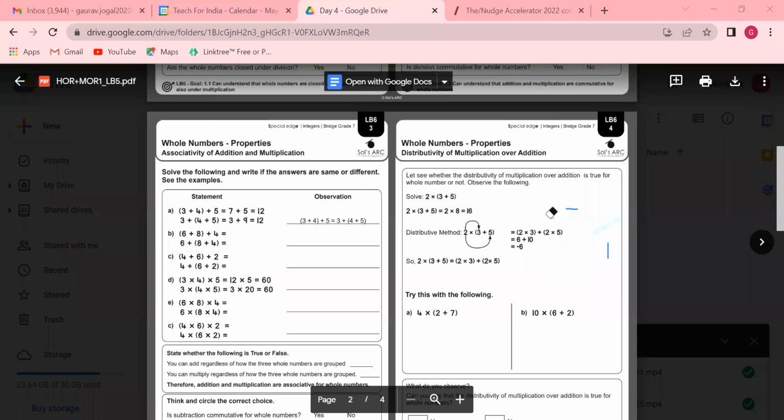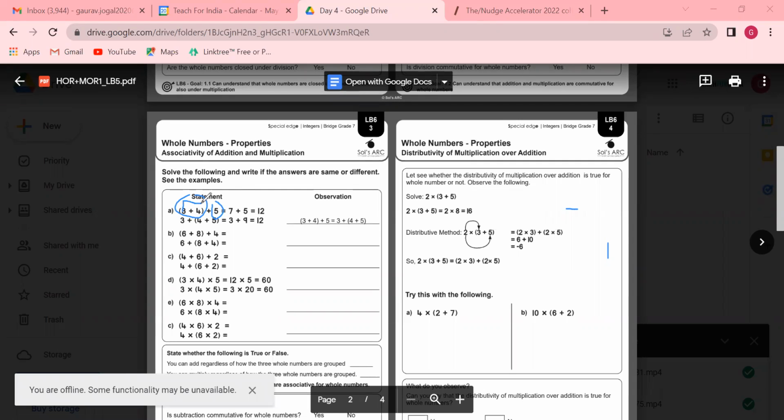Always remember this. So the first property was commutative, the second property is associative. We will see what is associative. If you see here, 3 plus 4 plus 5: if I add first 3 plus 4, that is 7, and 7 plus 5 is 12, right?